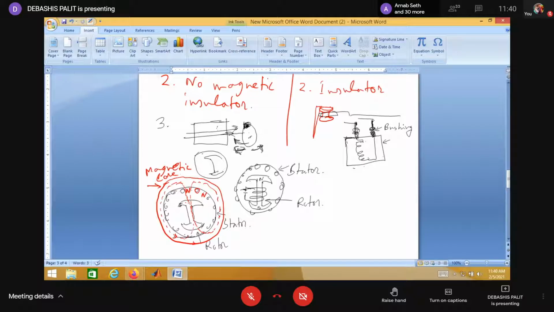If the rotor becomes static, then this path has less distance than this path. This portion has more air, and this portion has less air thickness. So this portion's reluctance is less, and this portion's reluctance is more. Flux always tries to move through the path where reluctance is less.